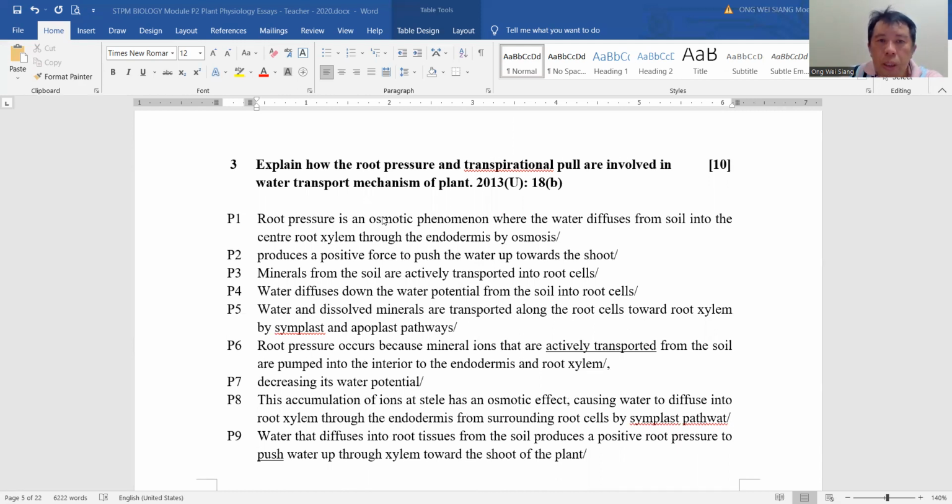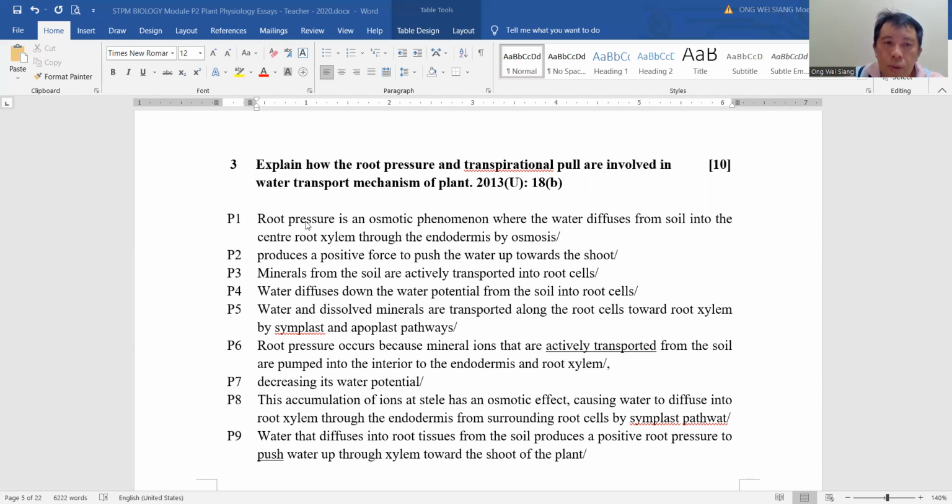Root pressure is an osmotic phenomenon where the water diffuses from soil into the center root xylem. Okay, to the center, which is where the root xylem is located, through the endodermis by osmosis.